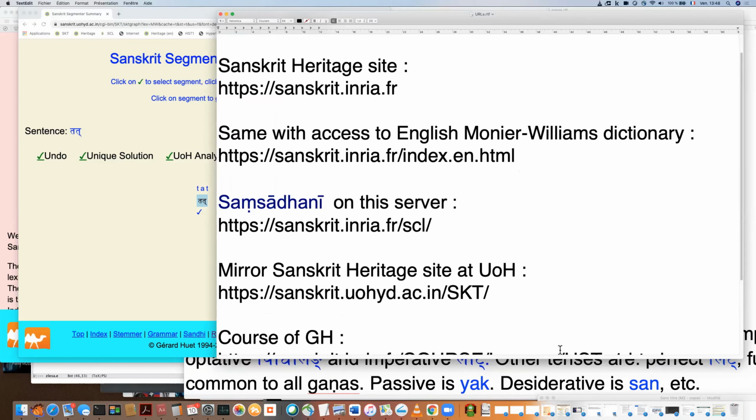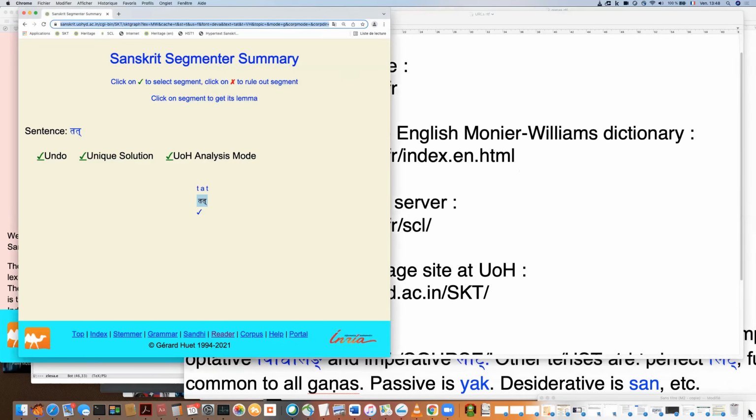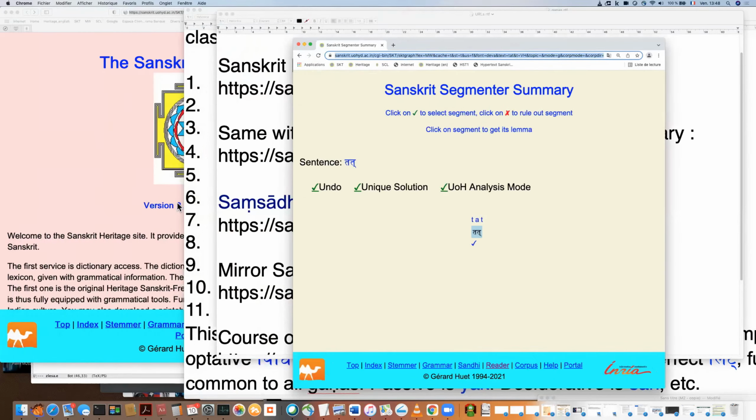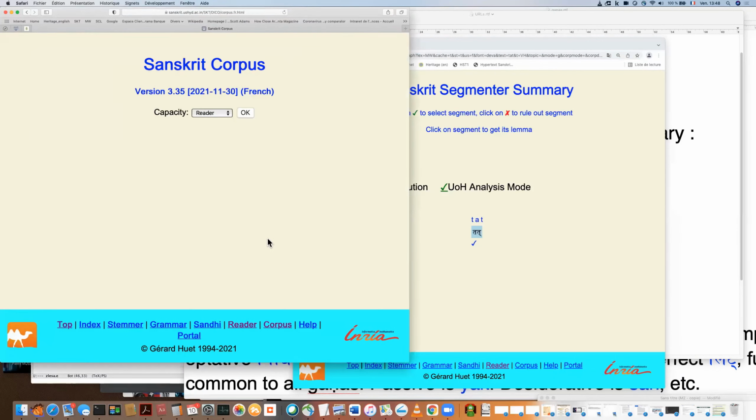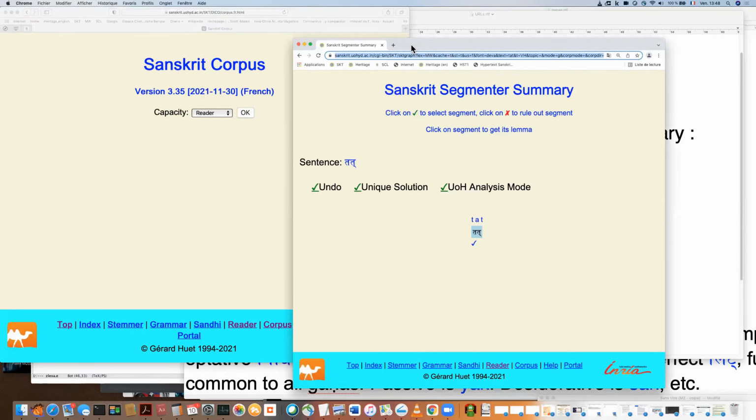All right. So actually, this corpus mode... Now I don't know which site I want to show and in which navigator. So let me see.